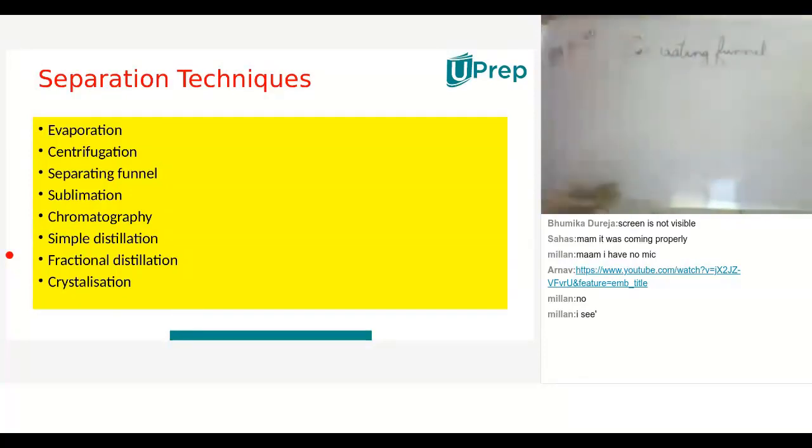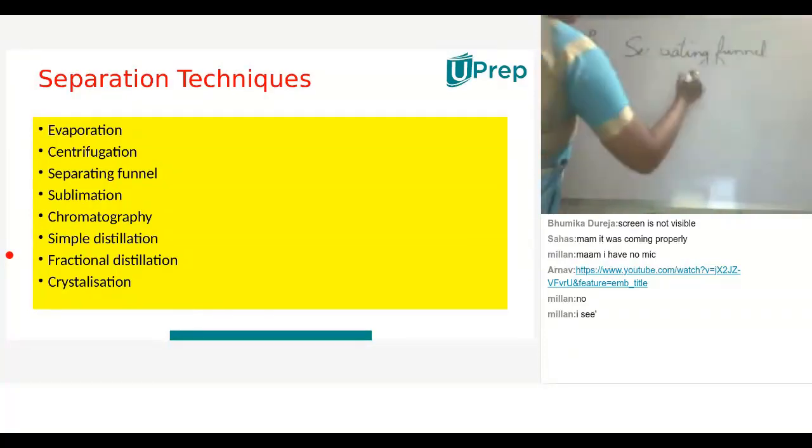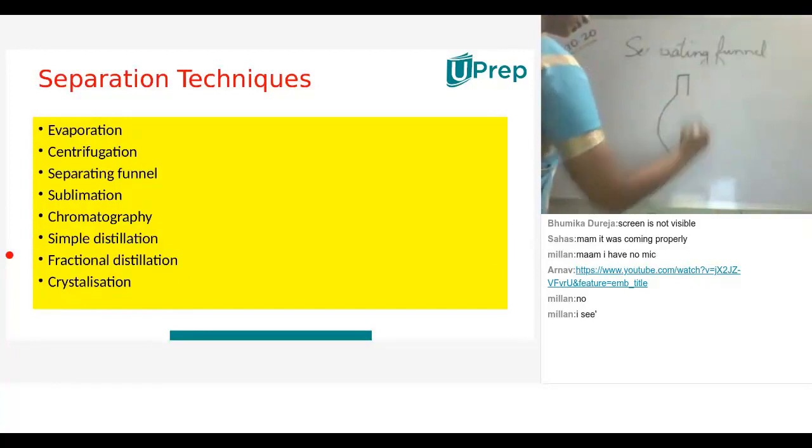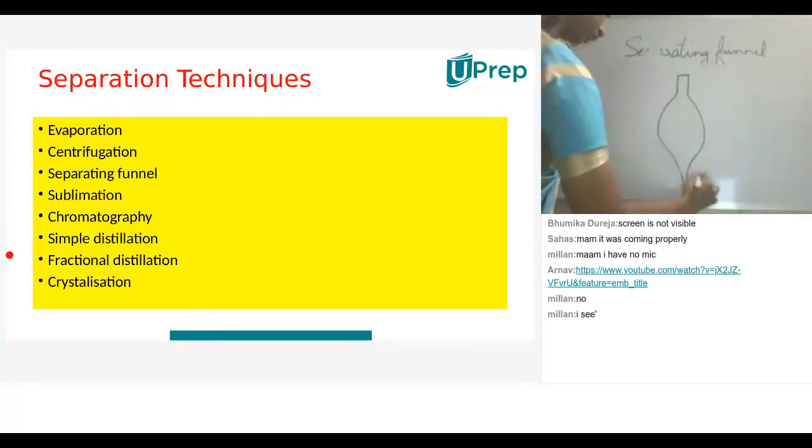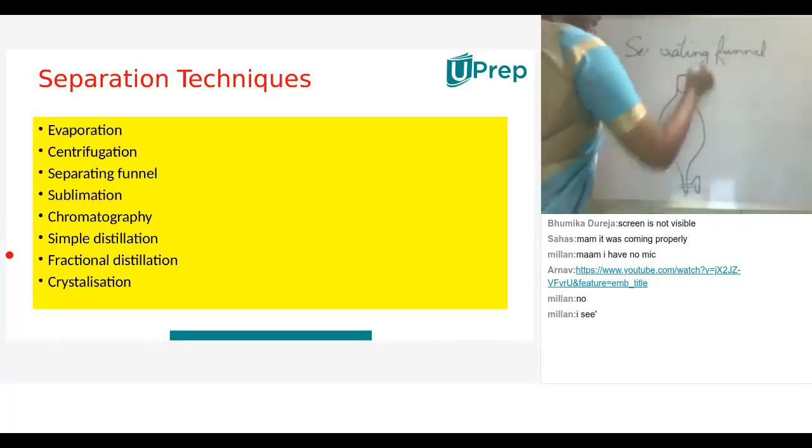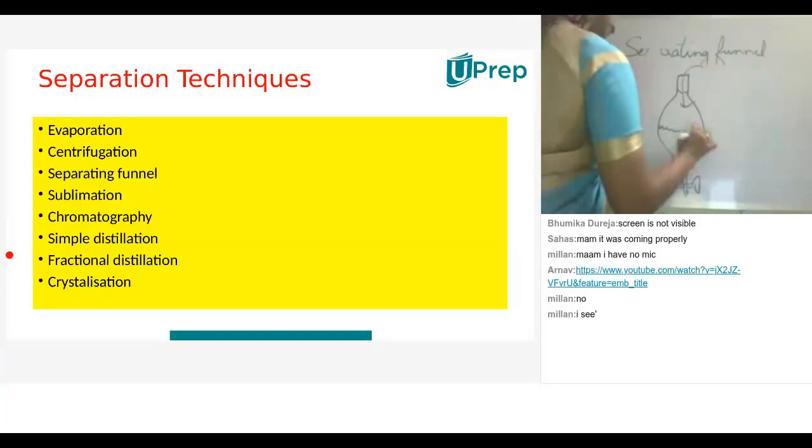How does the separating funnel look? For example, this is a separating funnel with a knob here, the stopcock, and this is a lid. When we take samples, here we get two phases.